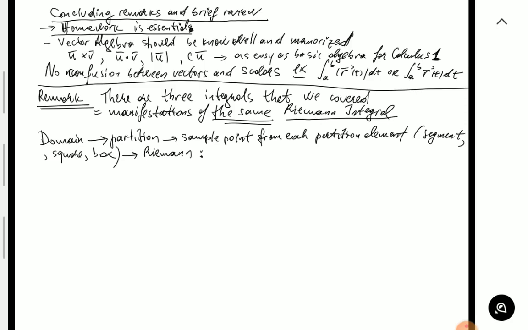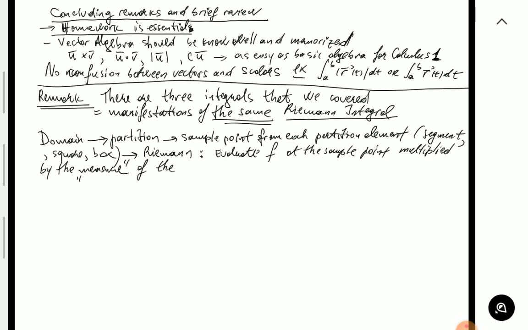You're gonna evaluate the function to integrate at the sample point, and then multiply by the measure, put this in quotation marks, the measure of the partition element.